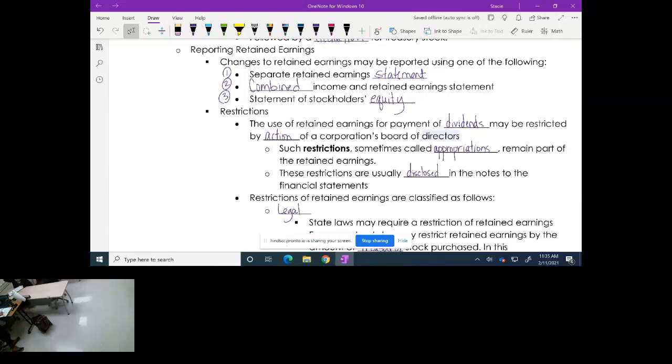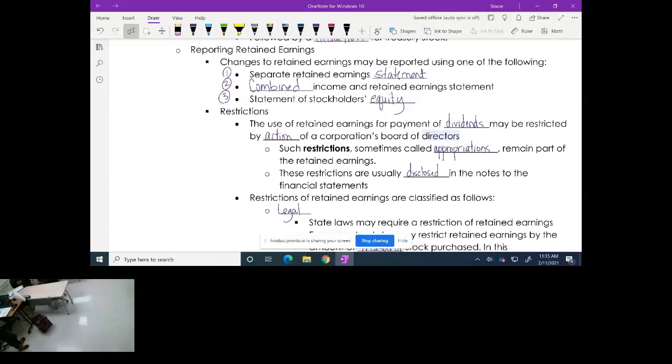Y'all never saw notes to the financial statements. All we ever did in accounting one was income statement, statement of owner's equity, balance sheet. When you've got a really big corporation like this, they'll have a number of pages following those financials called notes to the financial statements. It has detail in it. Let's say the notes payable balance on the balance sheet is $1 million.